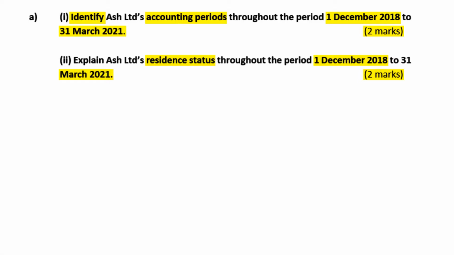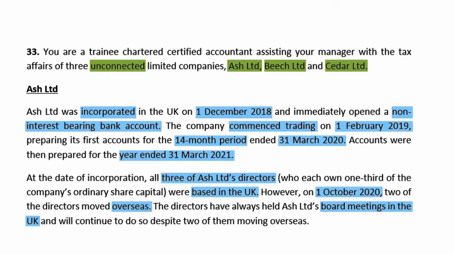With companies, the first rule to remember is that for corporation tax purposes, you are only required to register once the company begins to receive any sort of income. We saw that on incorporation on 1st December, they immediately opened a non-interest bearing bank account. That's not a source of income. They have not obtained a source of income, therefore they are not liable to CT yet.